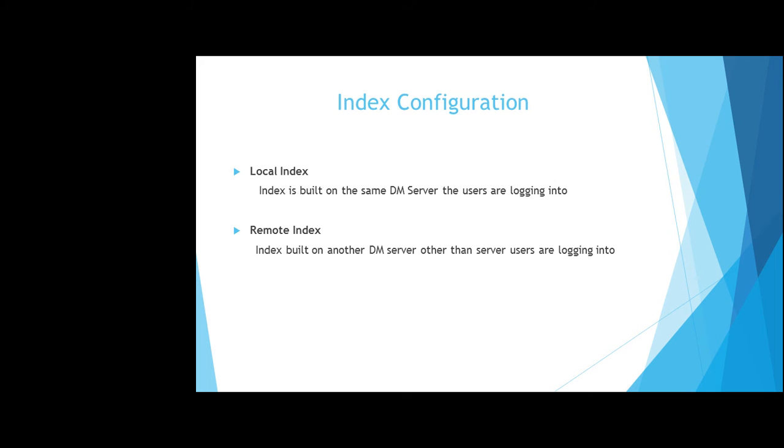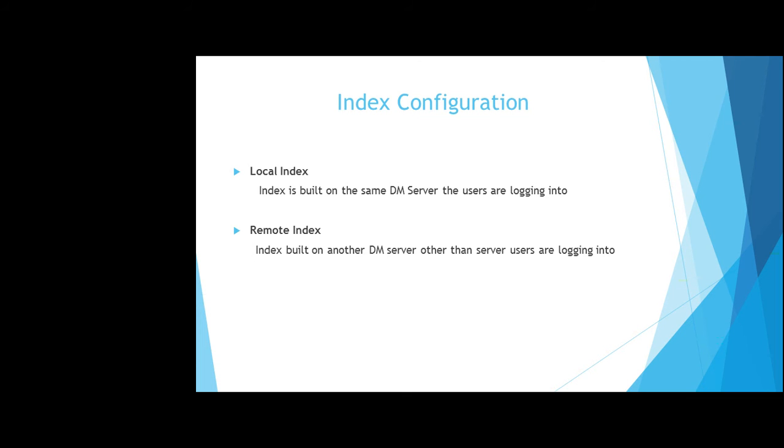The two main index configurations are local and remote. In a local instance, the login server is the same DM server that the index was built on. In a remote, you've got multiple DM servers. One is used for the application, the login server. One is used for the indexer.